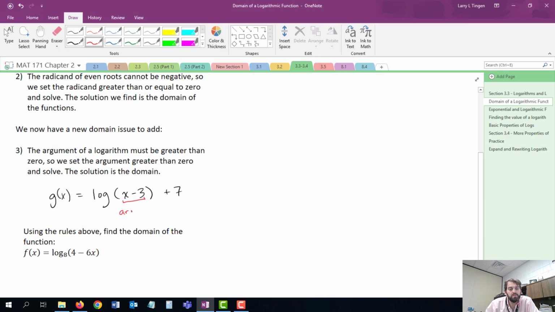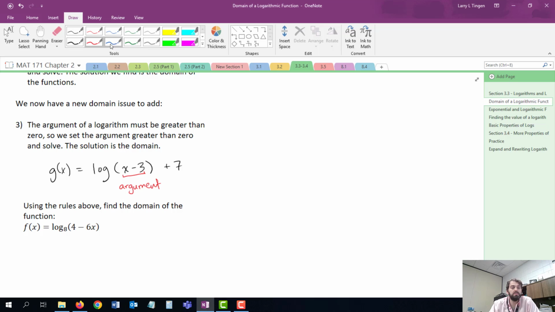This is the argument. It's what's going in. It's log of something. So that's the argument, and the argument must be greater than 0. So we take the argument, set it greater than 0, and solve. And the result is the domain.